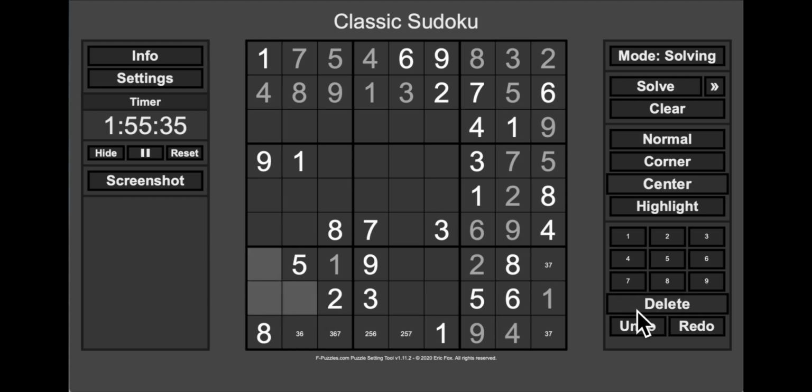Okay, 1, 2, 5, 8 says 3, 4, 6, 7, 9 must fill in box 7. No, these are not 4 or 9.